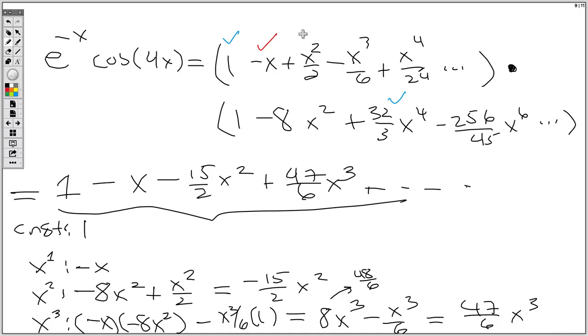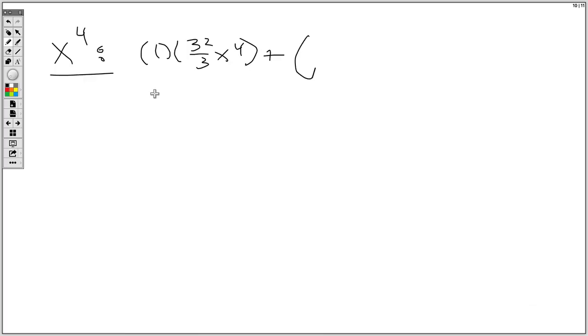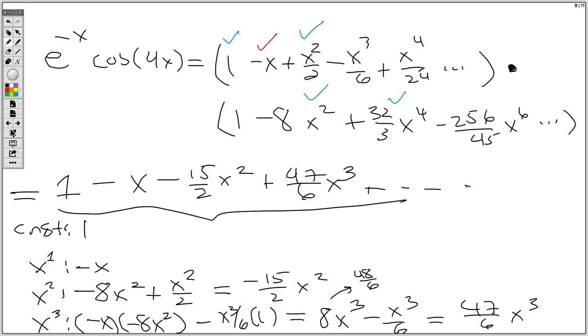Move on. X squared over 2. Can I multiply any of these things times x squared over 2 and get an x to the fourth? Yes. Which term is going to give me an x to the fourth? The minus 8x squared. So this would be x squared over 2 times a negative 8x squared. How about an x cubed?